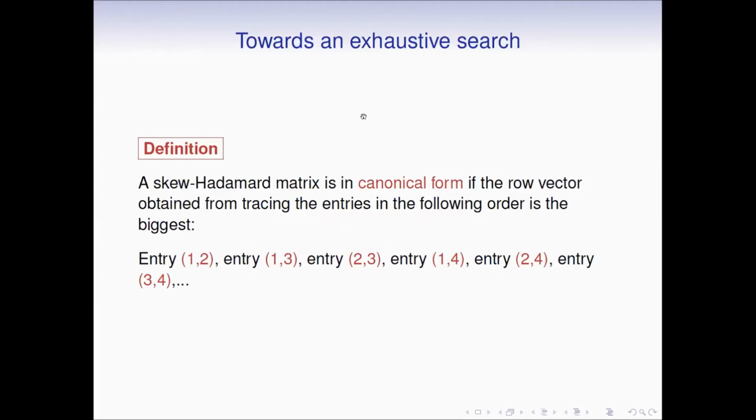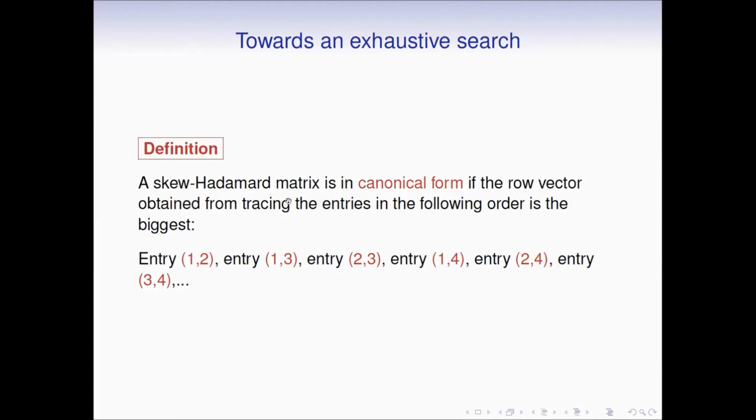To do an exhaustive search, we need a definition for classification, and this is the notion of canonical form. We need to define canonical form. These canonical forms are exactly those matrices which we generate during the search.